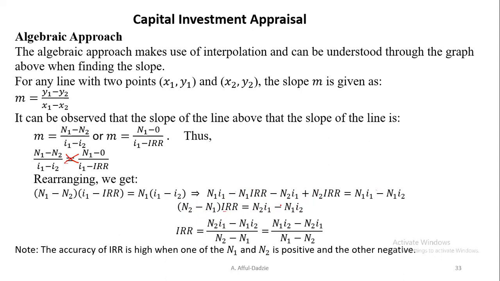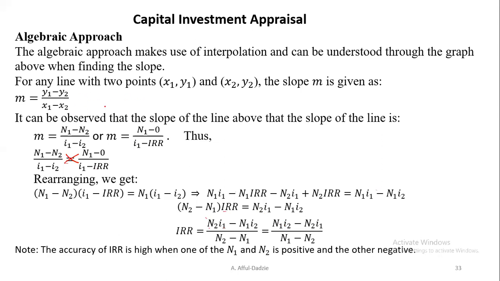Over N2 minus N1 you have N2 I1 minus N1 I2, and so you have this expression here: IRR equals N2 I1 minus N1 I2 over N2 minus N1.